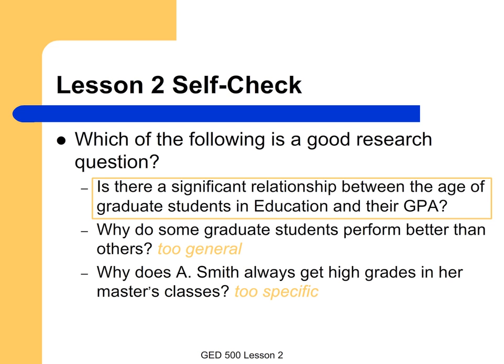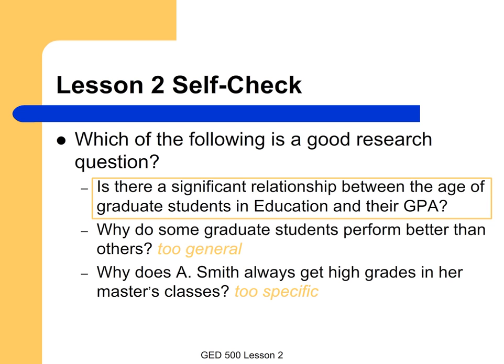You should have recognized that the first question is a very good quantitative question for a research proposal. Is there a significant relationship? Automatically you know that you are looking for a particular kind of relationship between variables. The second question was too general. Why do some graduate students perform better than others? Which graduate students? What university?